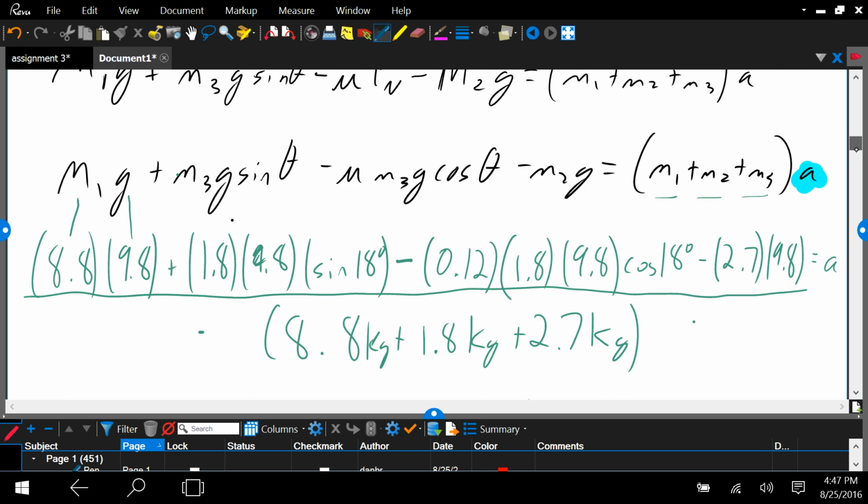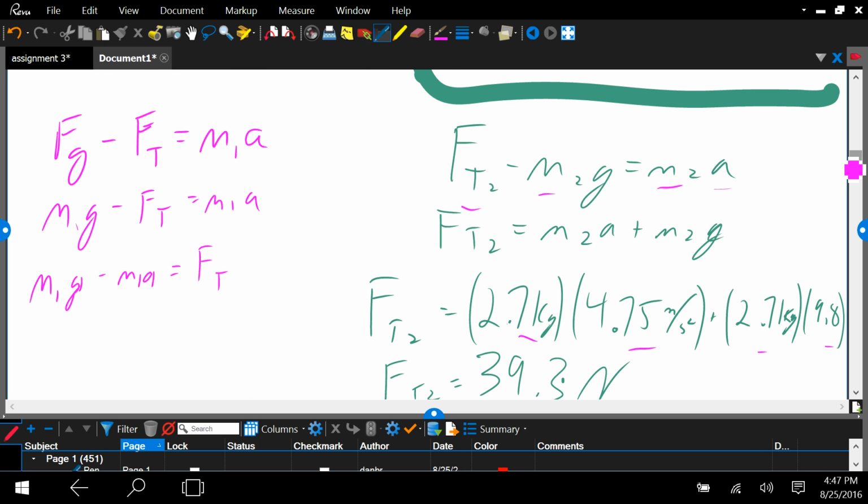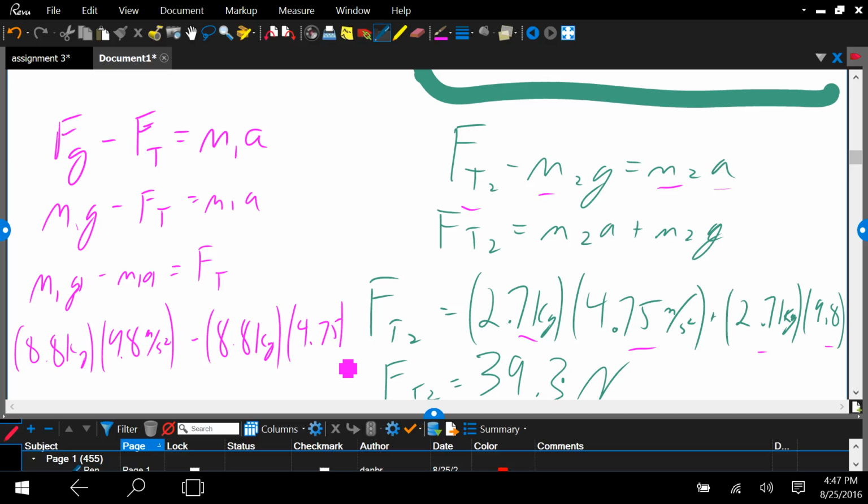Let me go back and remember, 8.8 was our mass. And 4.75 is our acceleration. I'm running out of room here a little bit. Okay.